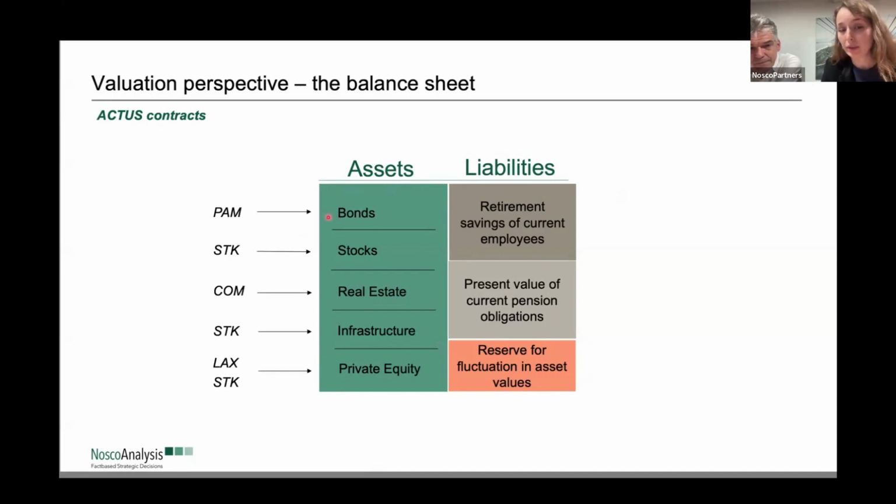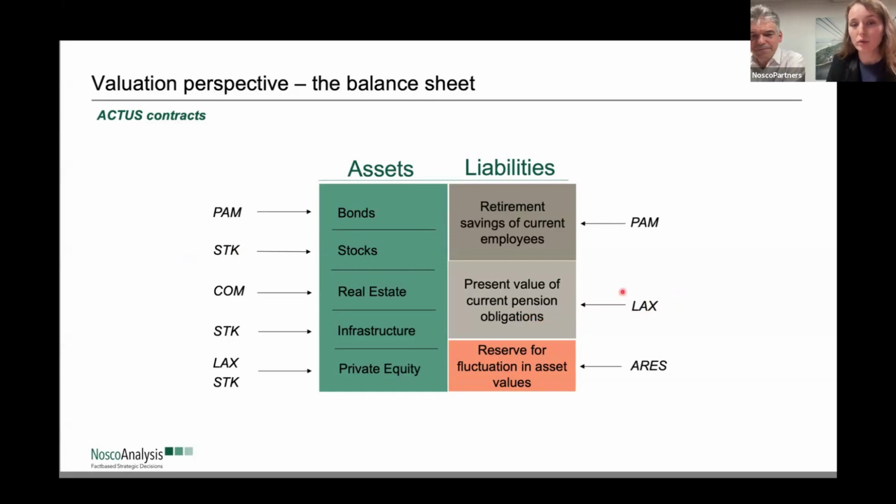We model, for example, the bond portfolio with principal at maturity, the stock portfolio with the stock contract. As said, also at the liability side, we can actually replicate these quite rich cash flows. And here we, for example, use the exotic linear amortizer to mimic the future cash outflows on the current pensioners.